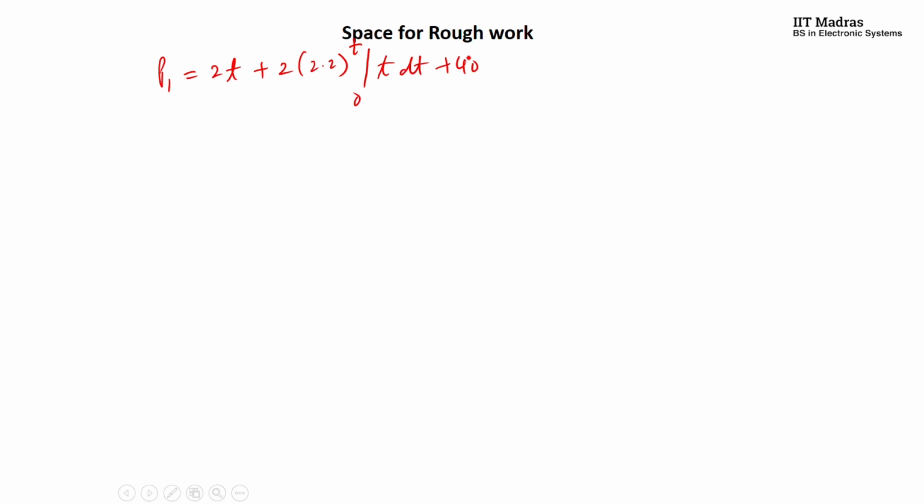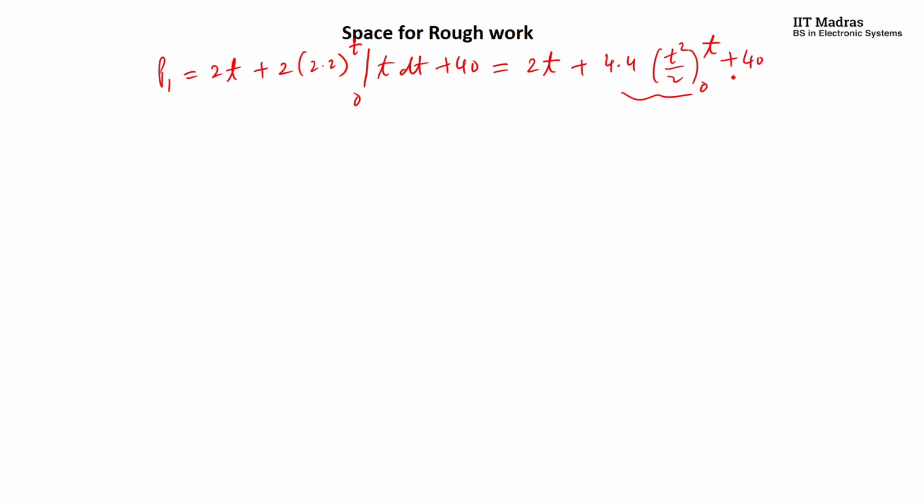If I combine these terms, you will get 2T plus 4.4 times T square by 2, 0 to T, plus 40.